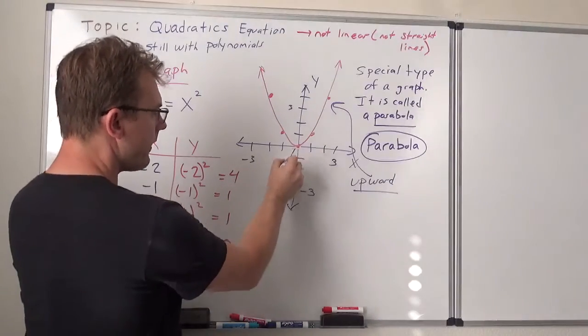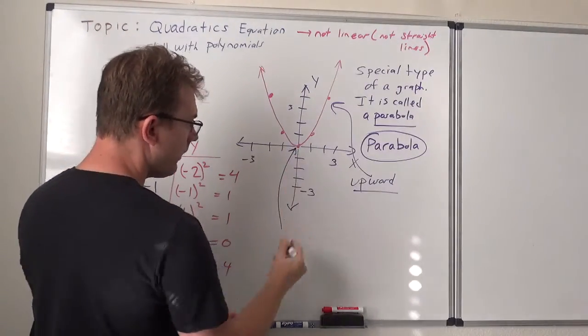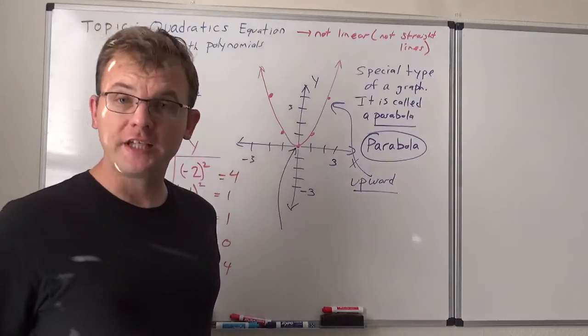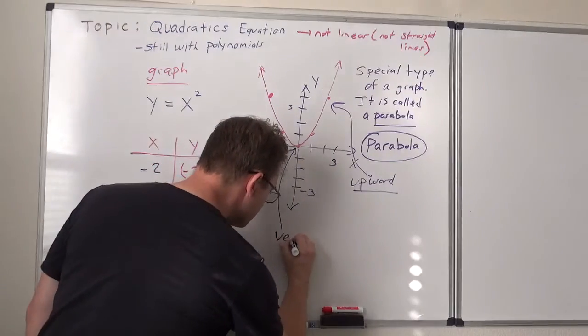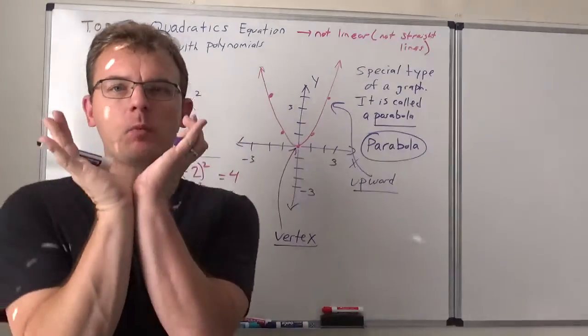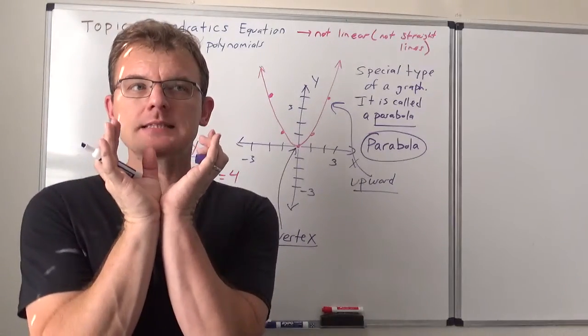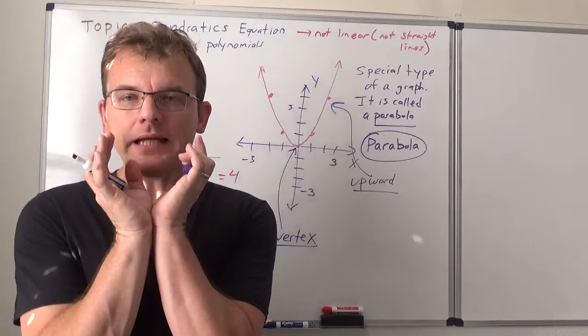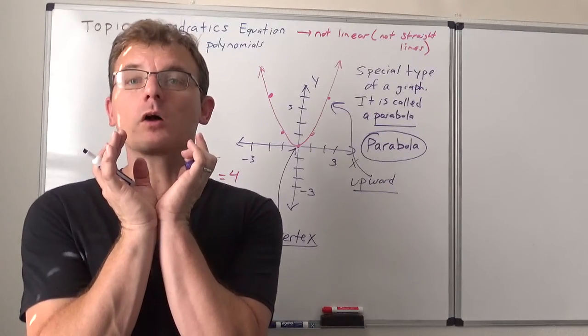This point right here is called the vertex. If it's opening upward, it's the minimum, or lowest point.